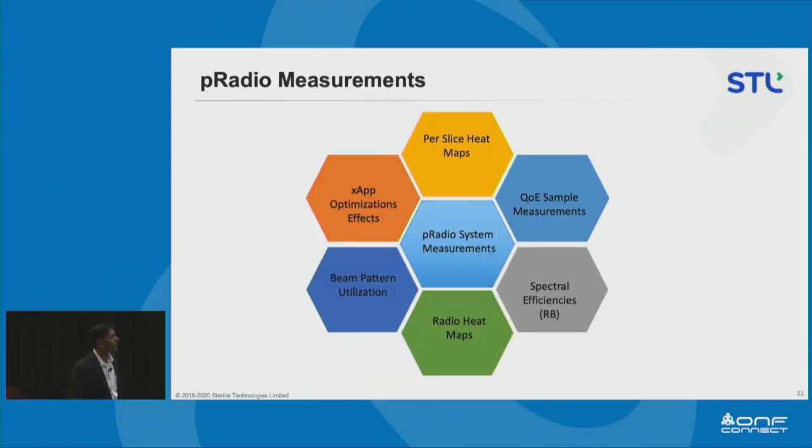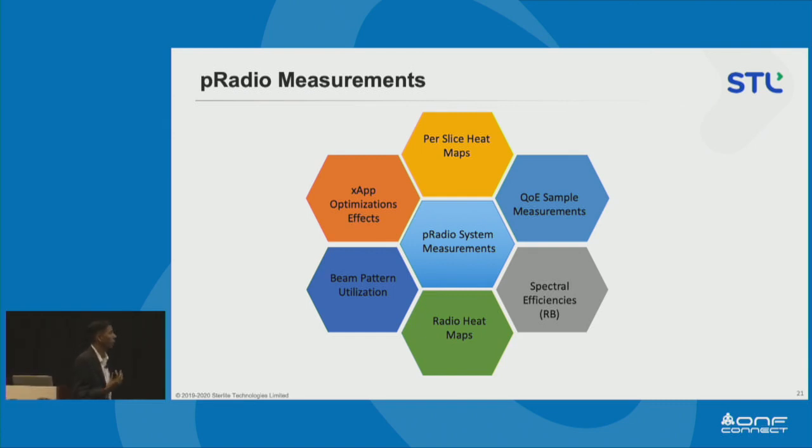Okay. These are some of the measurement entities that we think are very important from a user's experience perspective. Heat maps, let's say consider per slice heat map. A heat map basically gives you information on where exactly, what is the region or area where your users are either using it too much, or it's average, or it's low.